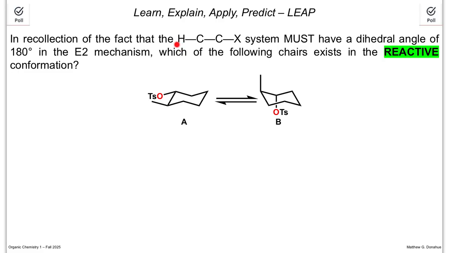So you want to keep in mind that H-C-C-X has to be 180 degrees. So between A and B, which one's the reactive conformer? So B is the reactive conformer.